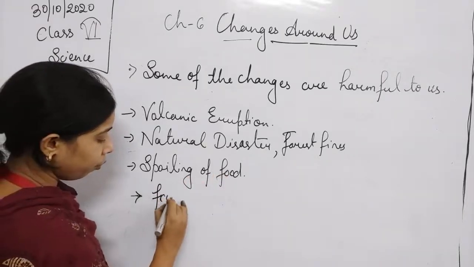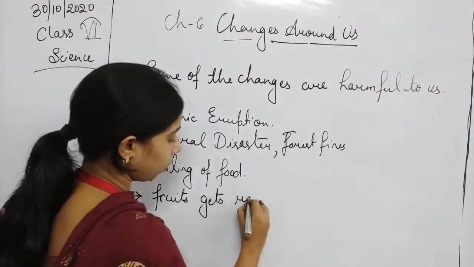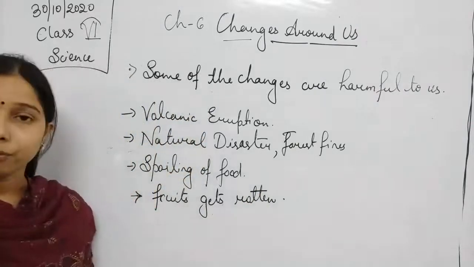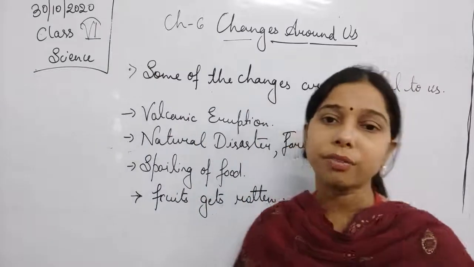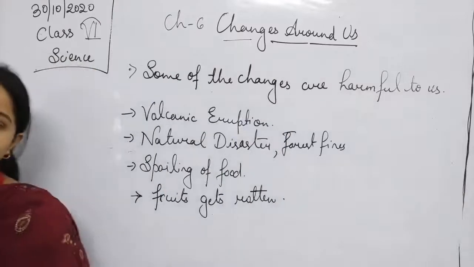So we can say the fruits get rotten. Rotten fruits are also harmful changes to us. These kinds of changes are harmful to us.